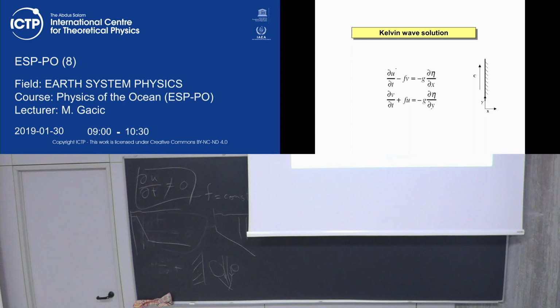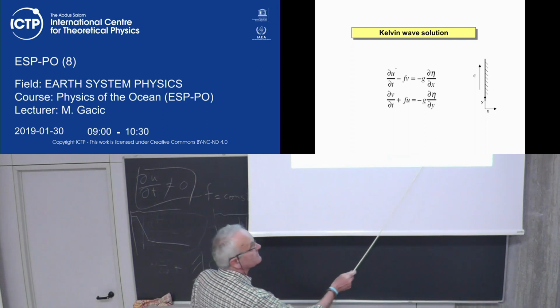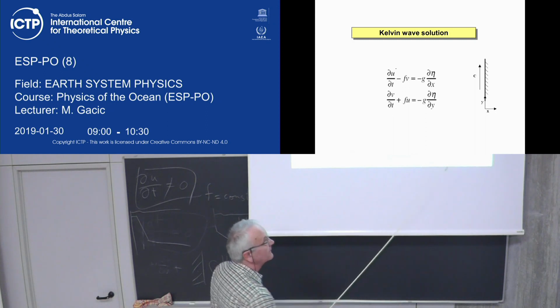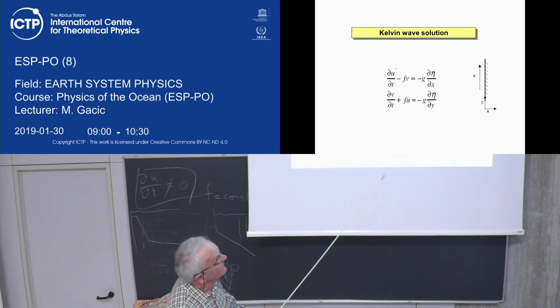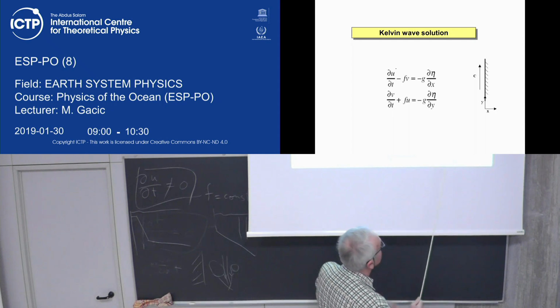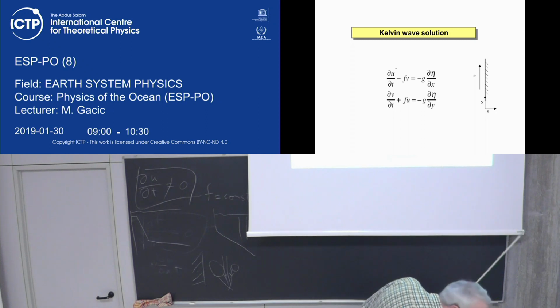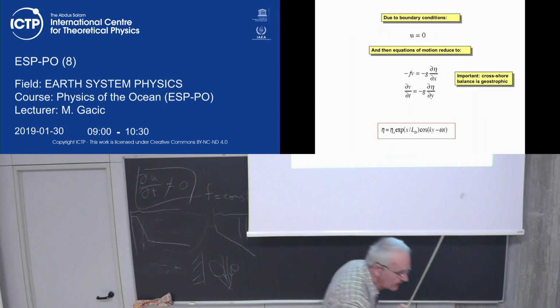Barotropic Kelvin waves are those which appear in the vertically homogeneous water column. So these are the equations. We have the coordinate system, which is this one. X is this way, y that way. So this is a typical coordinate system which we use. North is y, and x is eastward.